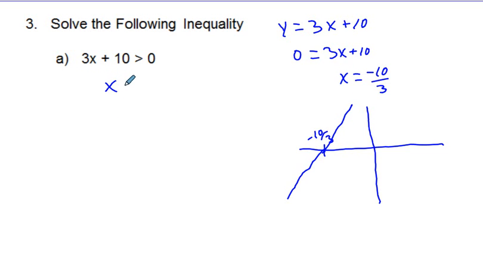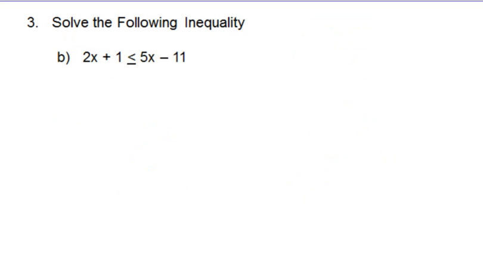So x is greater than negative 10 thirds. Okay? So that's one way of looking at it, just using a graph. Or just strictly algebraically, you can put 3x is greater than negative 10, dividing by 3, x is greater than negative 10 thirds. So same way in either case.